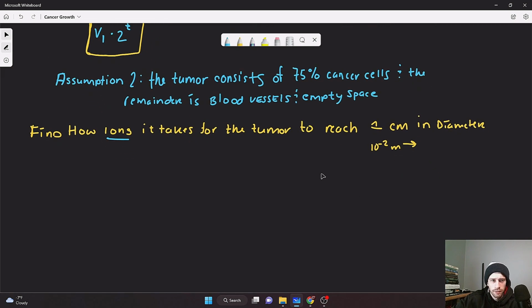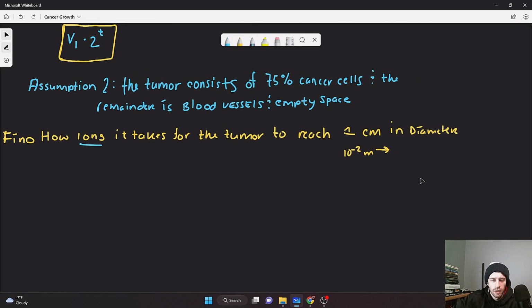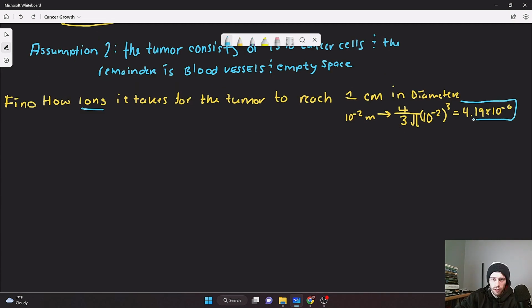And so we get 4/3 times pi times 10 to the negative 2 cubed, which is equal to 4.19 times 10 to the negative 6, equals our volume 2. And so we want to know how long it will take for the tumor to reach this.